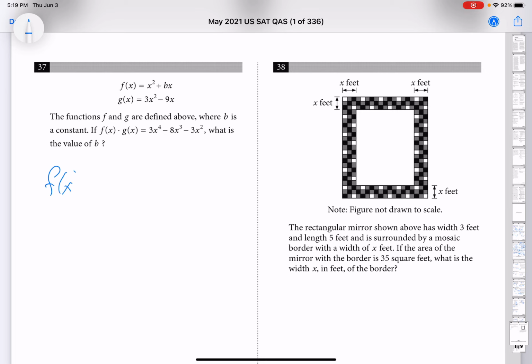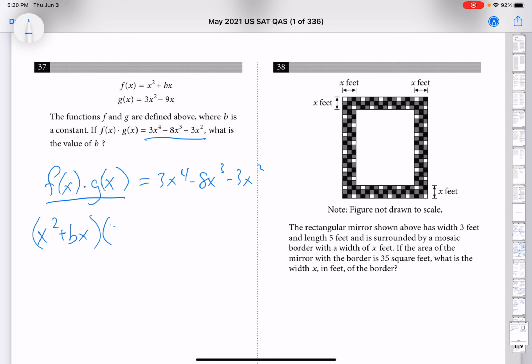We know that f of x times g of x is equal to this thing over here: 3x to the 4th minus 8x cubed minus 3x squared. But I also know that these two are going to be x squared plus bx, which is the first term, multiplied by the second term, 3x squared minus 9x.